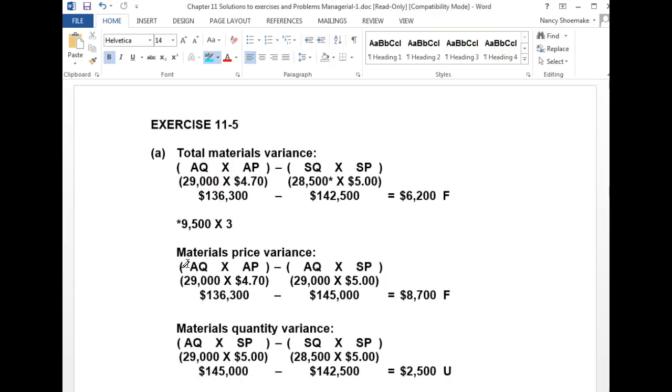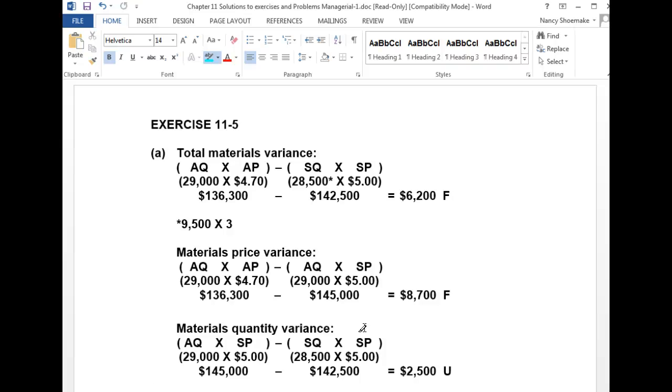Next, to come up with our material price variance, we're going to show actual times actual minus actual quantity times standard price. So actual of 136 minus our actual quantity times our standard price at 145,000.